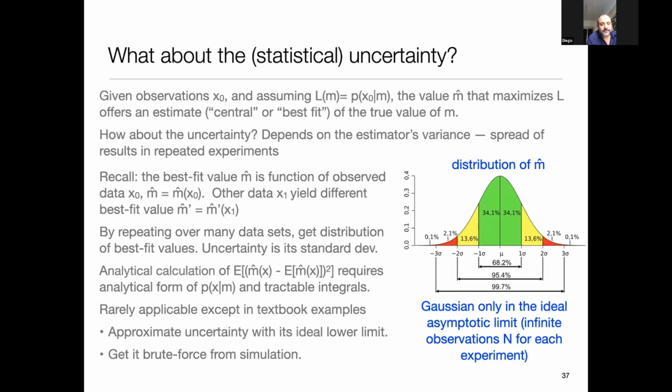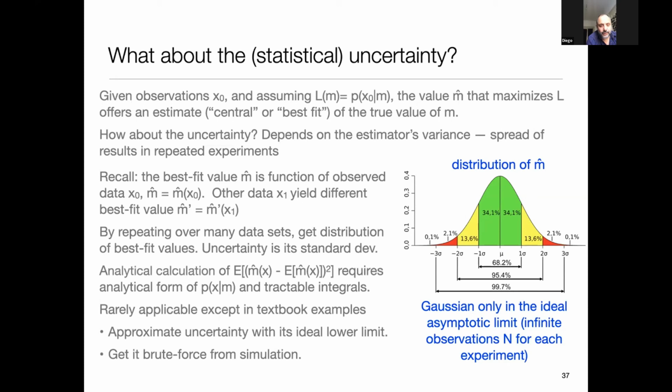The maximum likelihood, which is my estimator in this case, is a value that depends on the data I'm observing. If my colleague is dealing with a different set of data, then her maximum likelihood value will probably be different from mine.